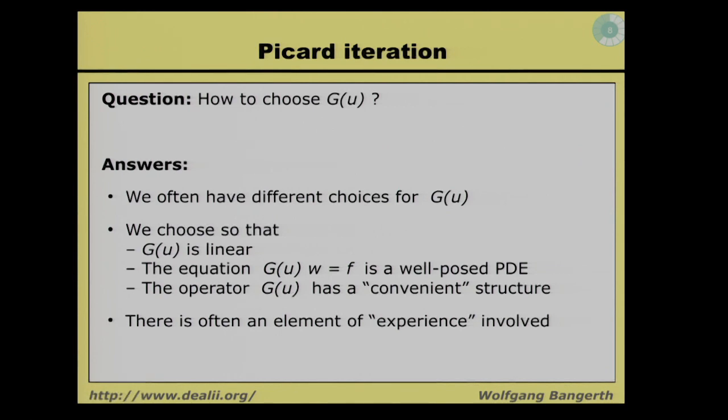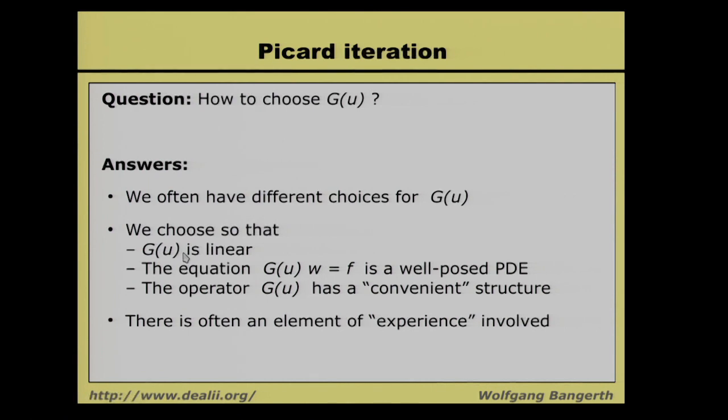So the general answer is that there's an element of experience to how we actually choose this G(u). Sometimes you have options, sometimes there's a clear answer. In this particular case, I think there really is only one answer of how you would do it, namely the one that I showed you first. But the criteria by which we choose it are that you want G(u) to be linear in the argument that you multiply it with.